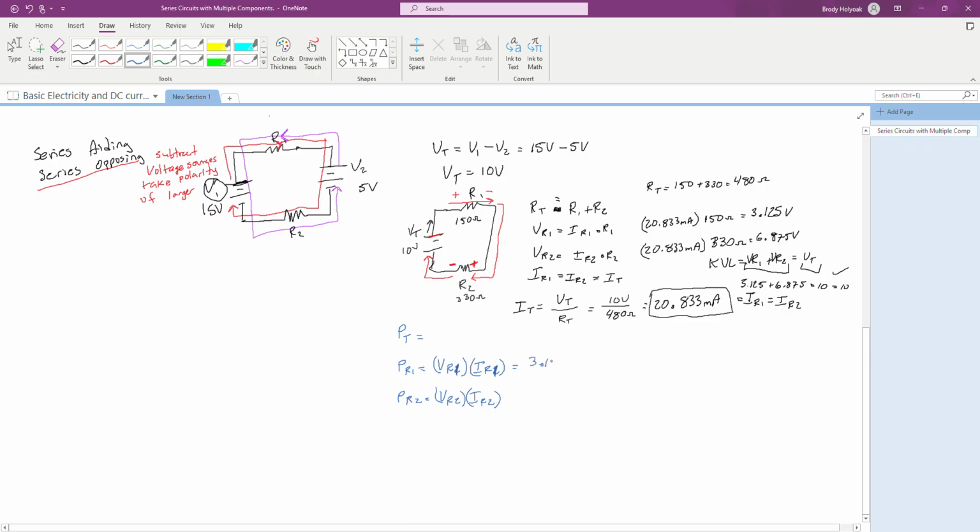So 3.125 volts times my 20.833 milliamps. And then on VR2 is 6.875 volts times my 20.833 milliamps.